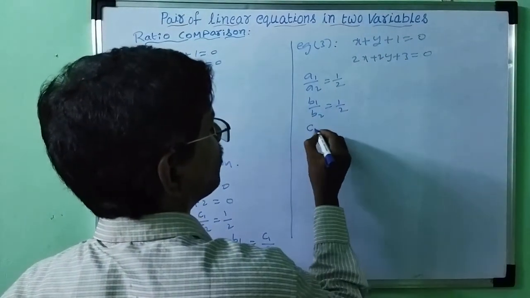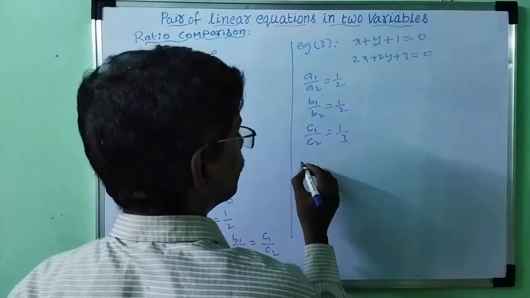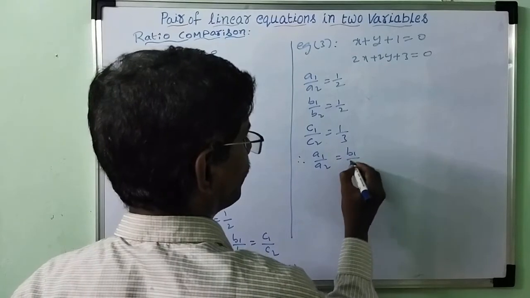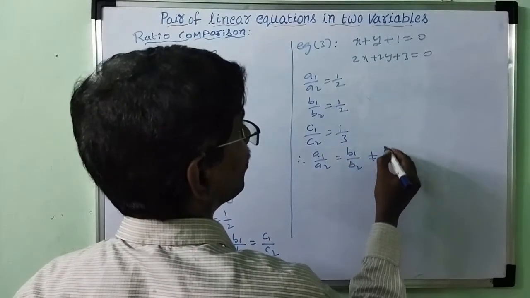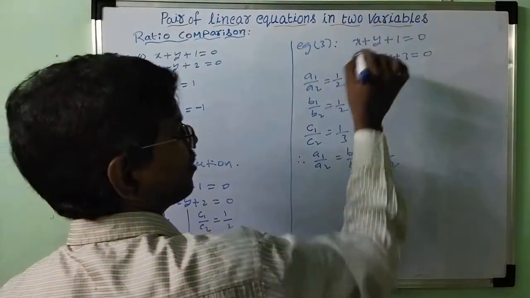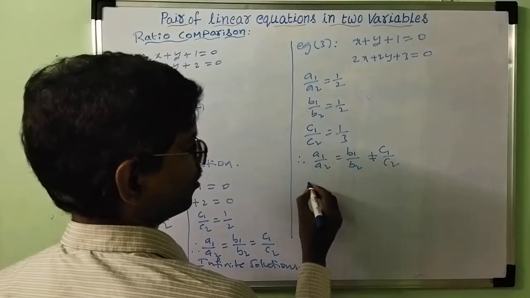And what is c1 by c2? c1 by c2 equal to 1 by 3. So here a1 by a2 is equal to b1 by b2, but it is not equal to c1 by c2. So in this type of case, both the lines must be parallel and there is no solution.